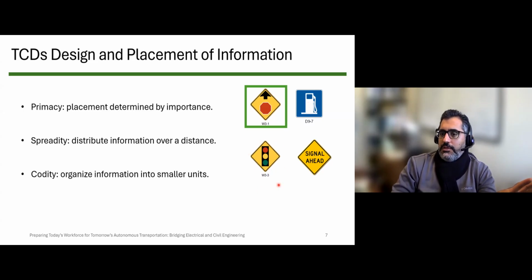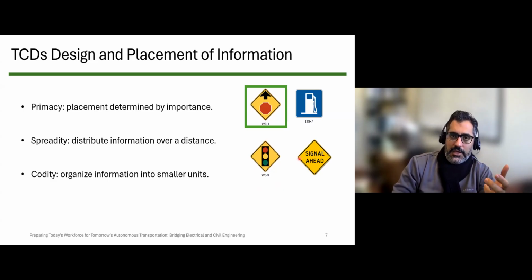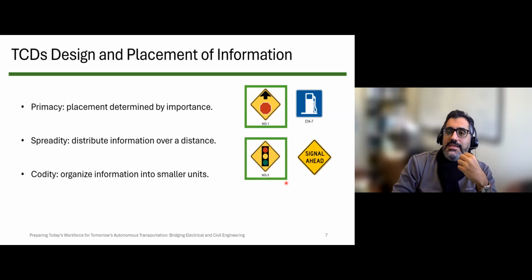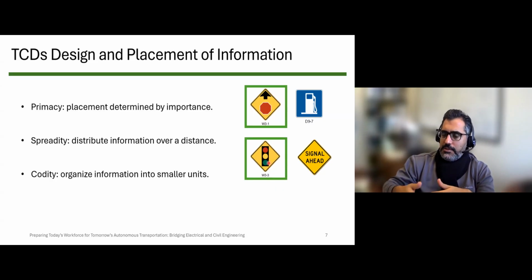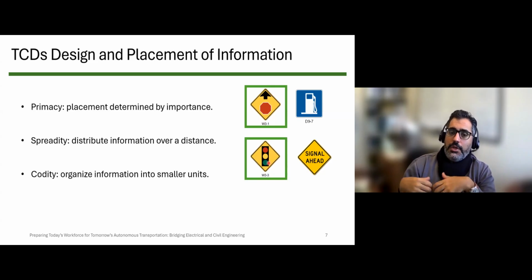I can have a sign like this that has a traffic signal on it, or I can have a sign that says signal ahead. Now, which one do we pick? The one that would be easier to understand, that I do not need to read, that as soon as I look at it, I see a traffic light, and I would expect that to come up in a few feet or whatever was the design here. So our preference should always be to convey information in smaller units.